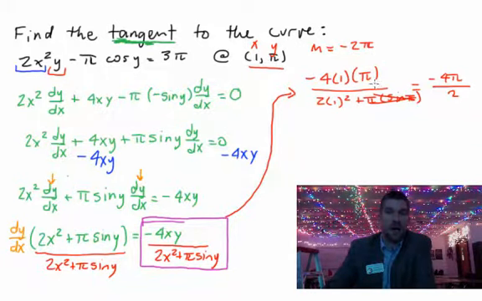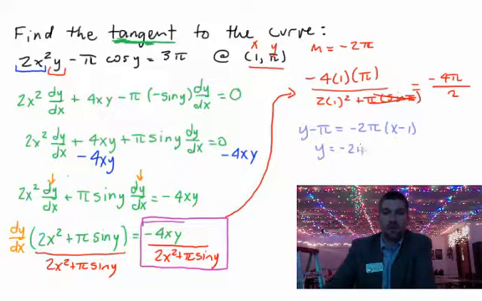-2 pi. If I have an x-coordinate, a y-coordinate, and a slope, I can write the equation of the line. So that equation is going to be y minus the y-coordinate equals the slope, -2 pi, times x minus the x-coordinate. And I'm comfortable with this answer. The only other thing you might want to do, if you want to be kind of cool, is move over the pi.